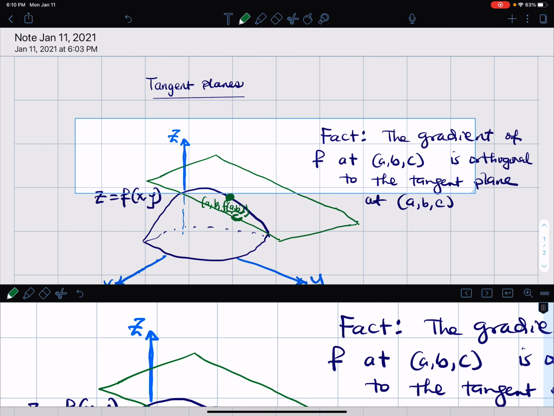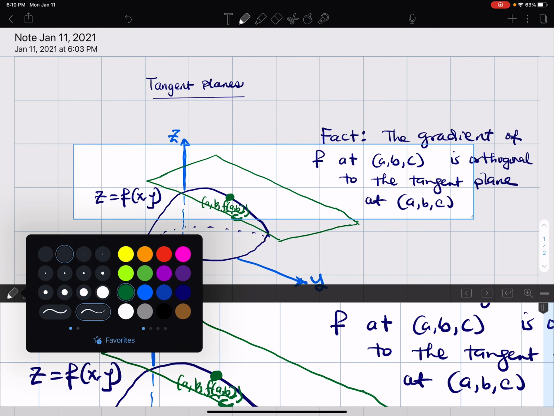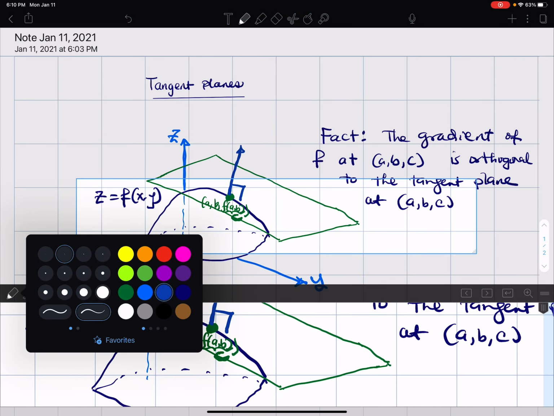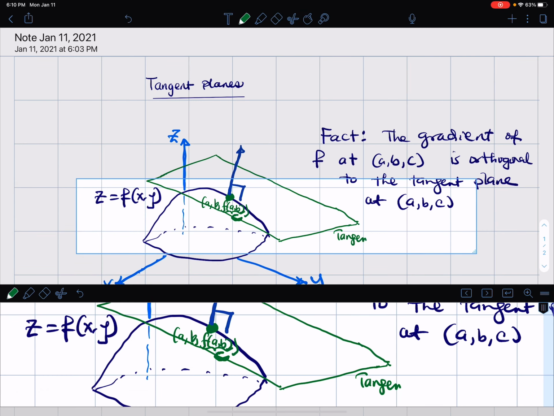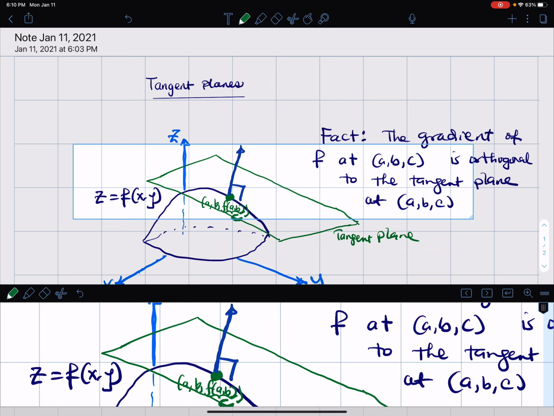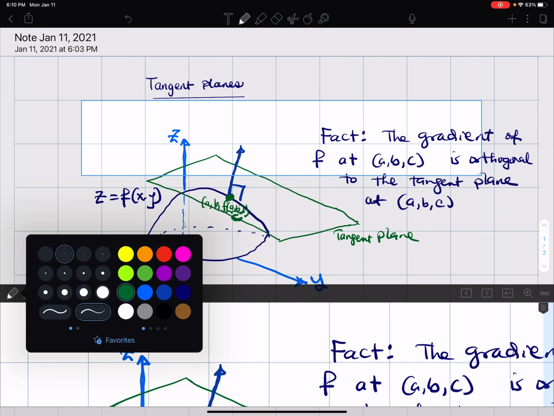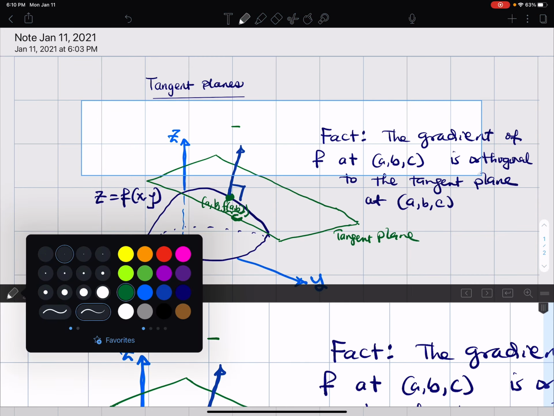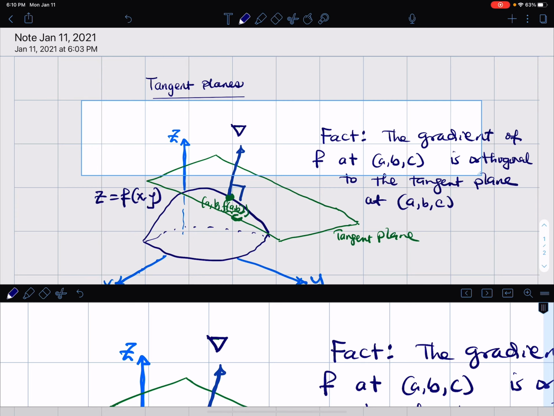All right, now this means that if you draw the gradient at this point, it's going to be orthogonal to this tangent plane. This is our tangent plane. The gradient would be, let's say, gradient f of (a, b, c).